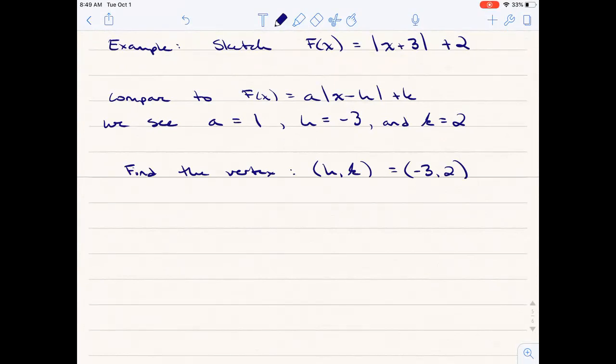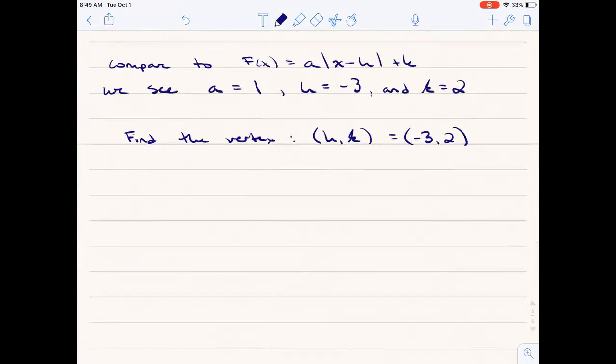Next thing we're going to look at is whether it's pointing up or down. a is 1, which is positive, so we know that it's going to be pointing upwards. Our graph must be pointing upwards since a is 1, which is greater than 0.